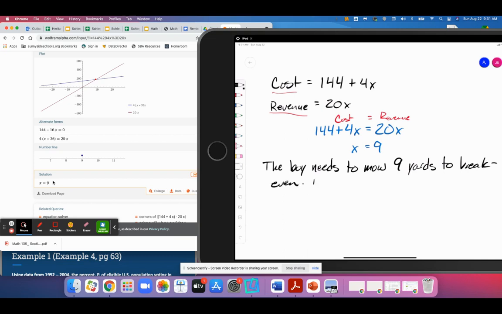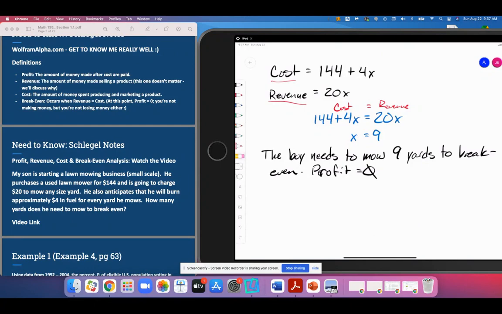Which means that his profit is equal to 0. But again, he does not have a negative profit, because he has made enough money to pay off the cost of the lawnmower and the fuel for those 9 yards.